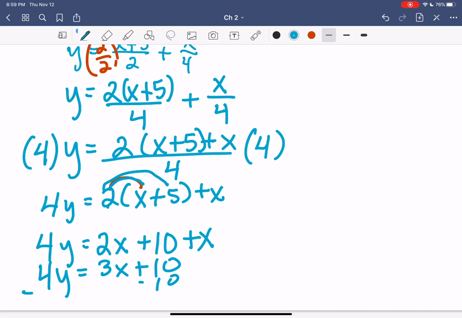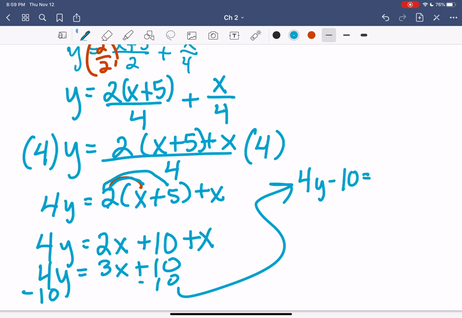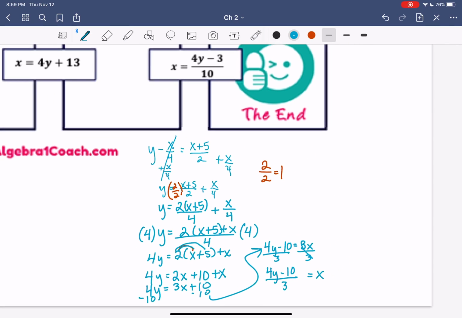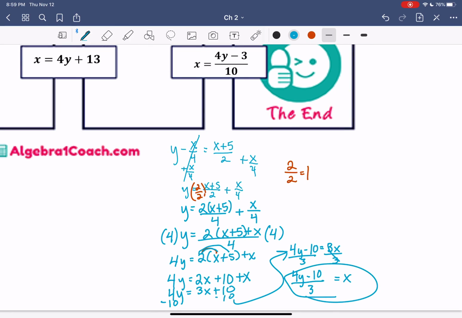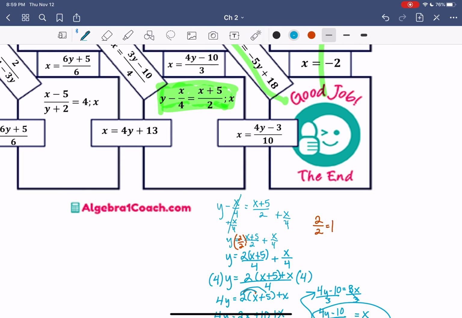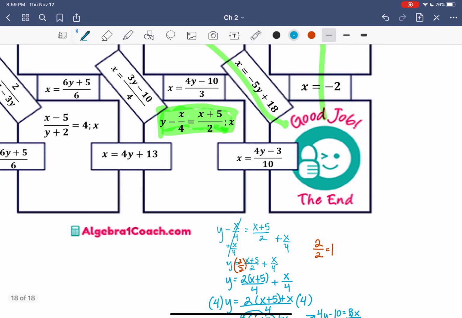Subtract 10 from both sides. I get 4y minus 10 equals 3x. And then you know what you got to do next. Got to divide by 3. Didn't mean to rhyme there. I get 4y minus 10 over 3 equals x. Let's see if that's actually what the answer is. 4y minus 10 over 3.